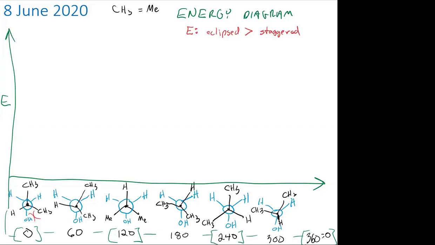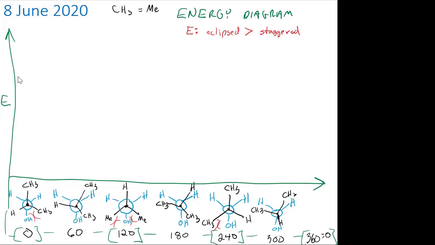In other words, can we get away from having the OH being gauche to a methyl group? If we look at our staggered conformations, at 120, the OH is actually gauche to 2 methyls. At 240, it's gauche to a methyl. And so it's always, because there's 2 methyls, you just can't get both of them anti to each other.